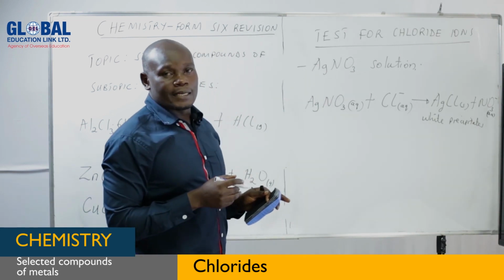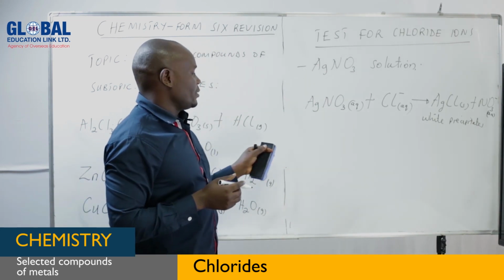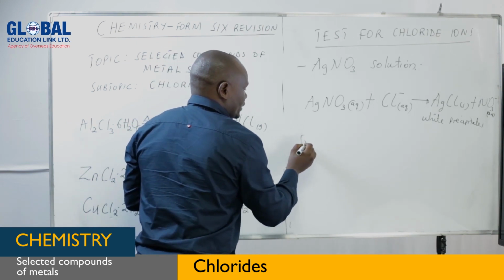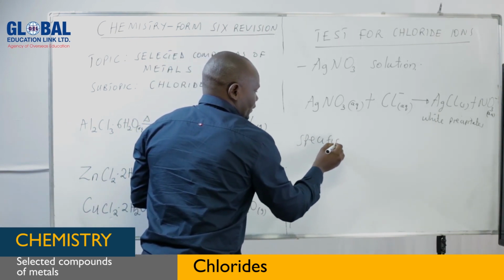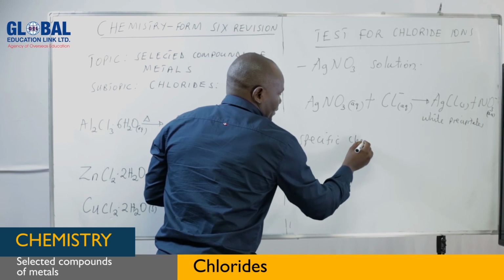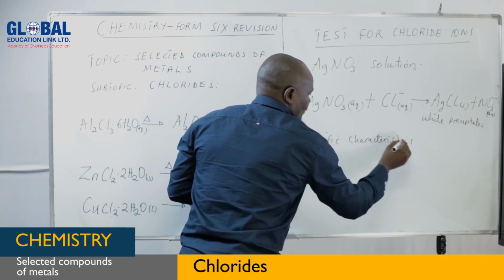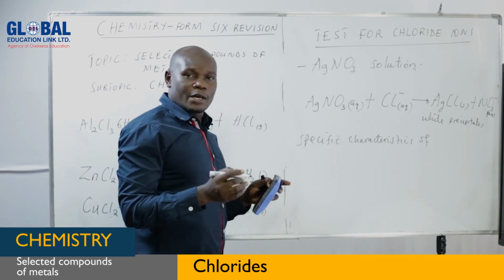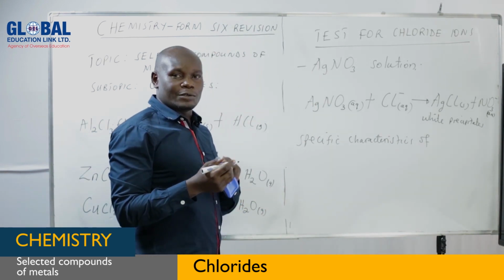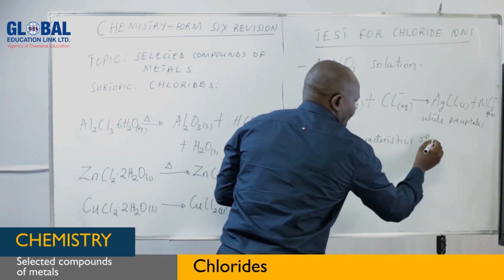Now from there, let us proceed with another part, which is about the specific characteristics of the chlorides of iron and the chlorides of aluminium.